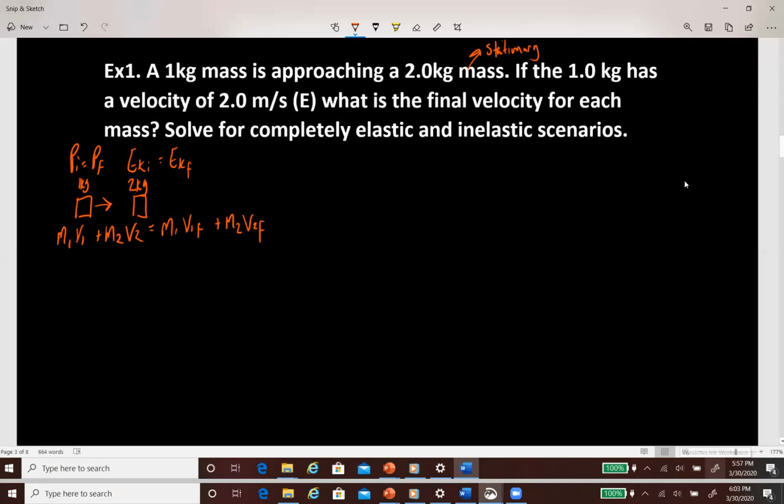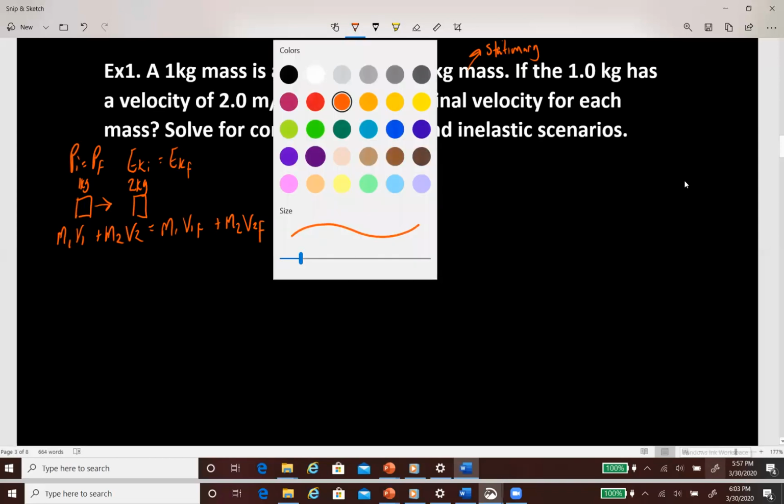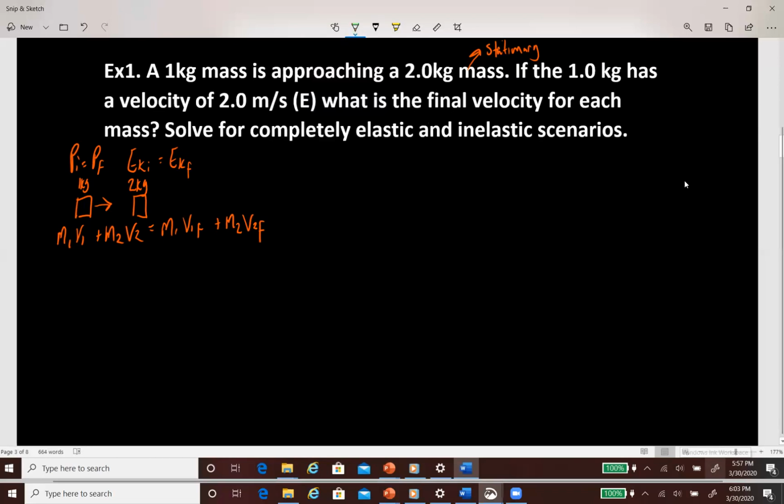Okay, so let's put some numbers in. Initially, the momentum is, we have a 1 kilogram mass. Its speed is 2 meters per second east. So we're going to make east positive, plus the second mass, which is 2, but its velocity is 0 initially.